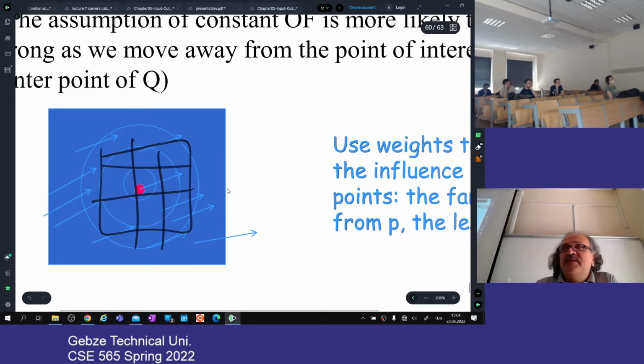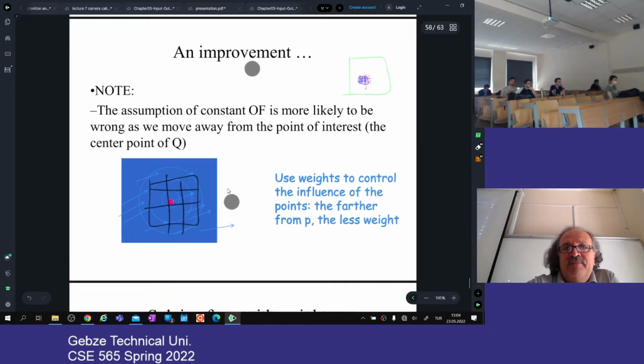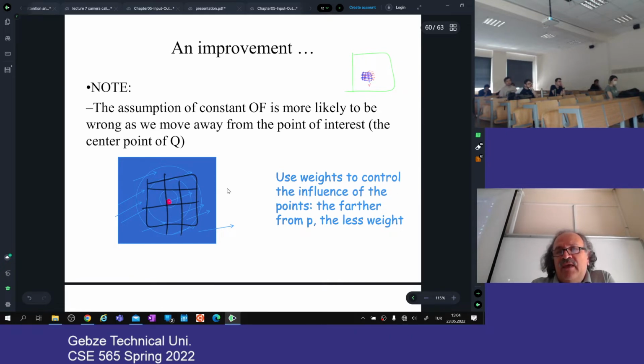For the center pixel, let's assign a weight to it, and its weight should be higher when I'm calculating the velocity vector v. When I get away from the center, the weight should change. That's what the suggestion is.